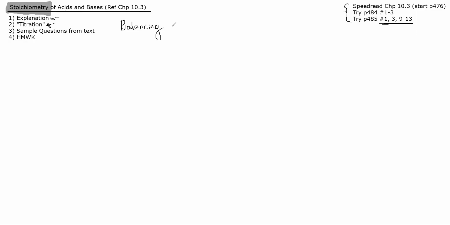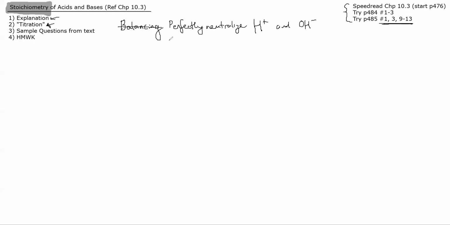We are trying to perfectly neutralize the acid component, which is a hydrogen ion, and the base component, which is a hydroxide ion. Perfectly neutralize H+ and OH-.